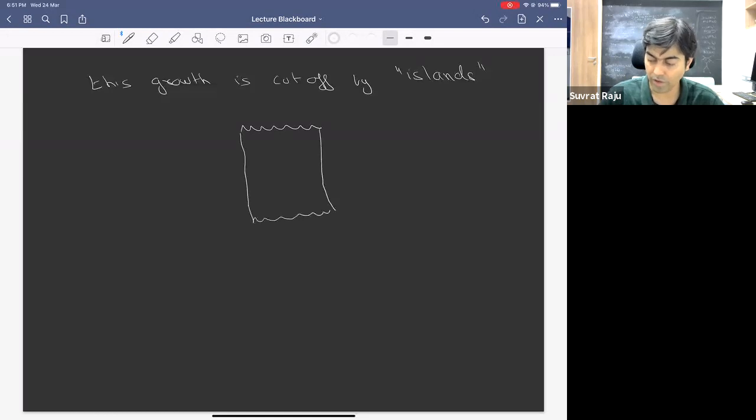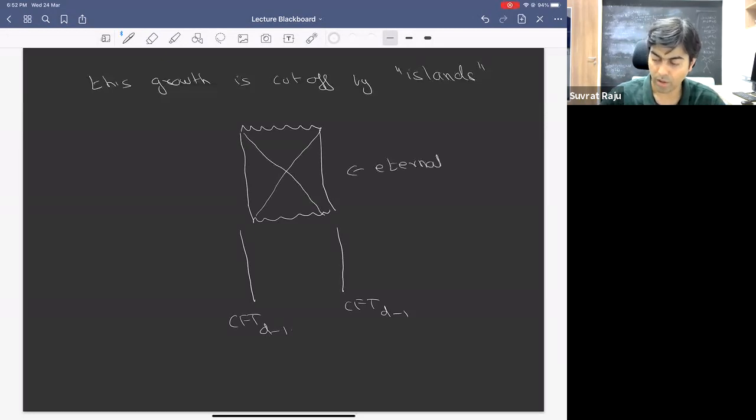If I just take a CFT D-1 and a CFT D-1, and put them together in a thermofield double state, then the bulk dual is believed to be an eternal black hole. We will study this a little bit more in the last part of the course when we discuss big black holes in AdS, but this duality is well established and well understood.